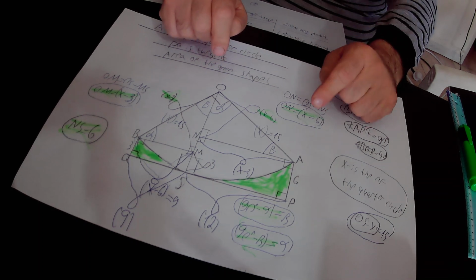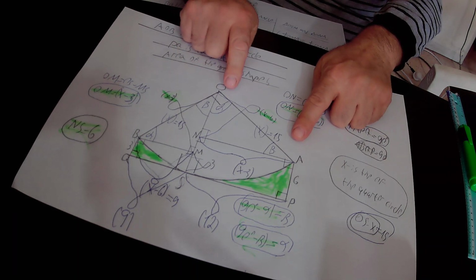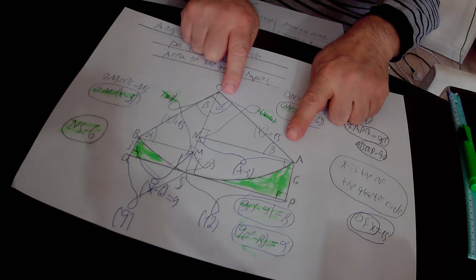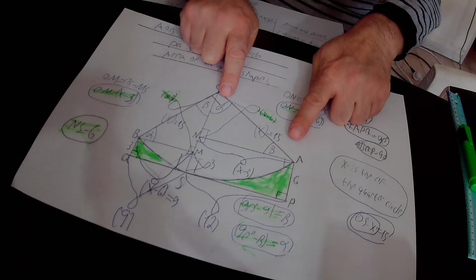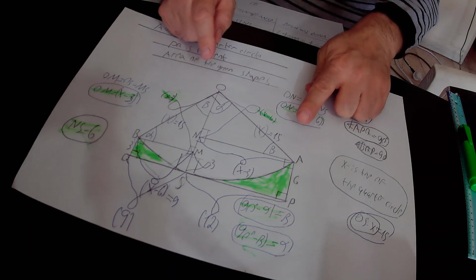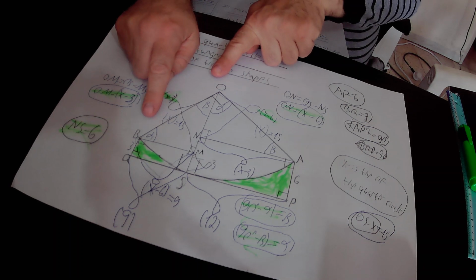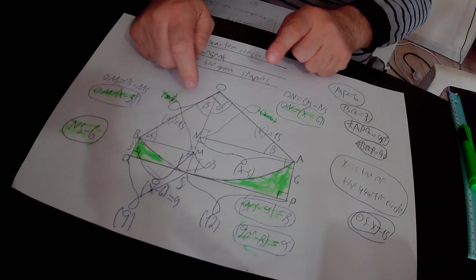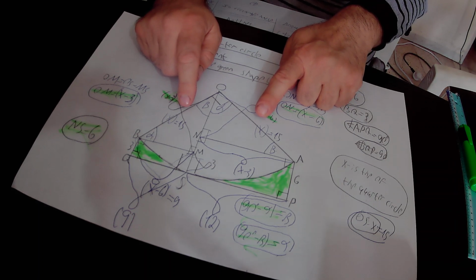And here we proved that the two angles alpha and beta in right triangle ONA, and the side included between them, that is side OA, are correspondingly equal to the two angles alpha and beta and the included side OB in the right triangle OBM. Therefore, we proved that those two right triangles are congruent according to the angle side angle rule.